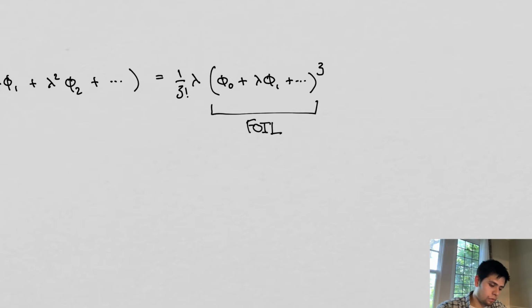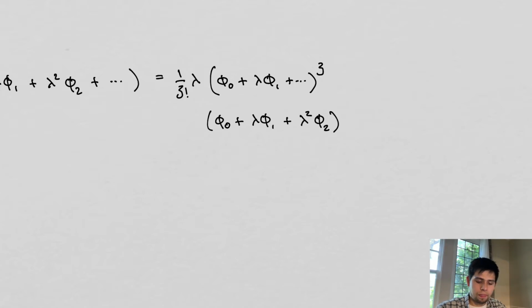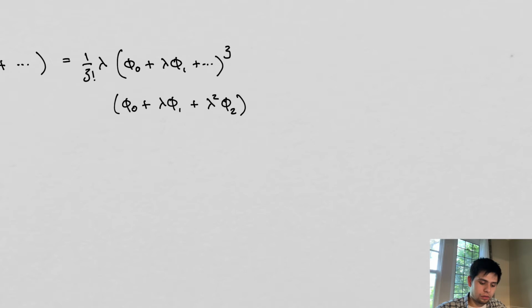Right, so what do I mean by that? If that's something you don't recall from basic algebra, that means phi 0 plus lambda phi 1 plus lambda squared phi 2. This is something of a Taylor expansion, but not quite.